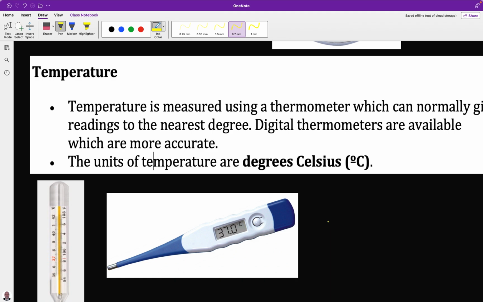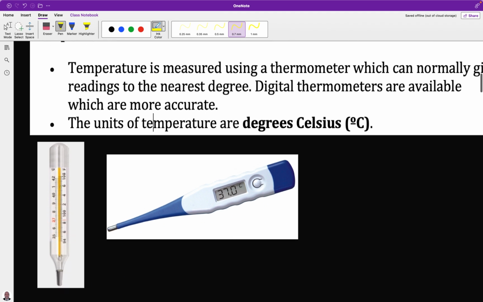The equipment used in the measurement of temperature is the thermometer. There are 2 types of thermometer, the manual one and the digital thermometer. This is the digital thermometer, it is more accurate than this one.